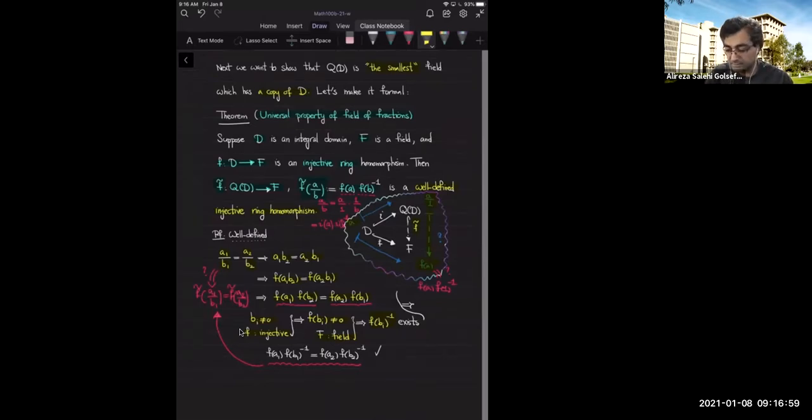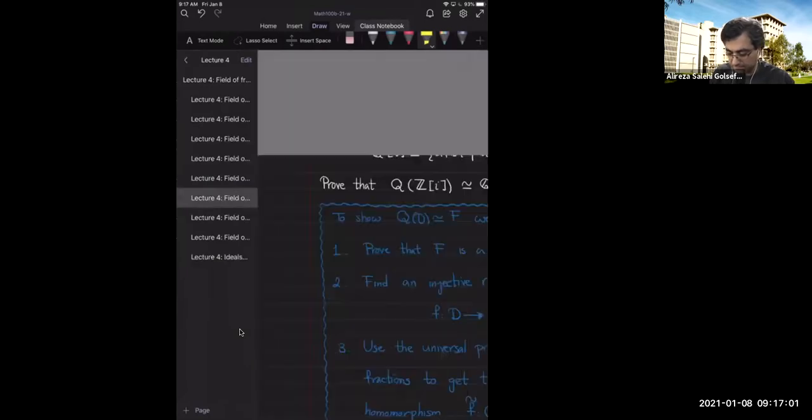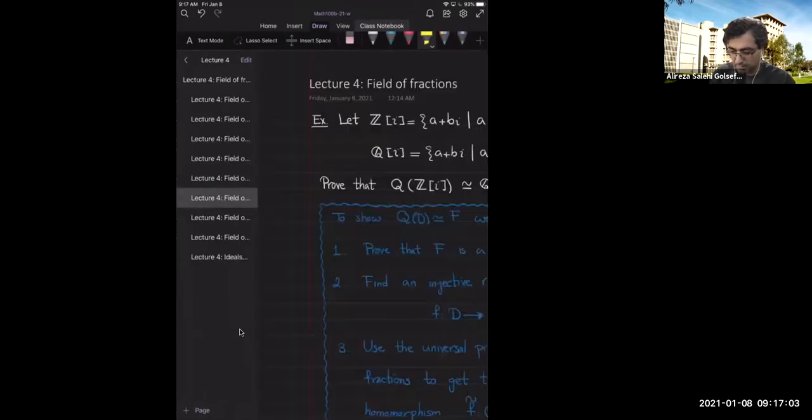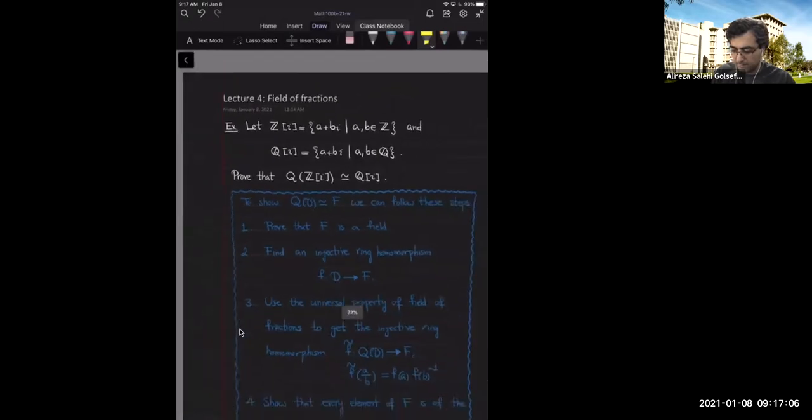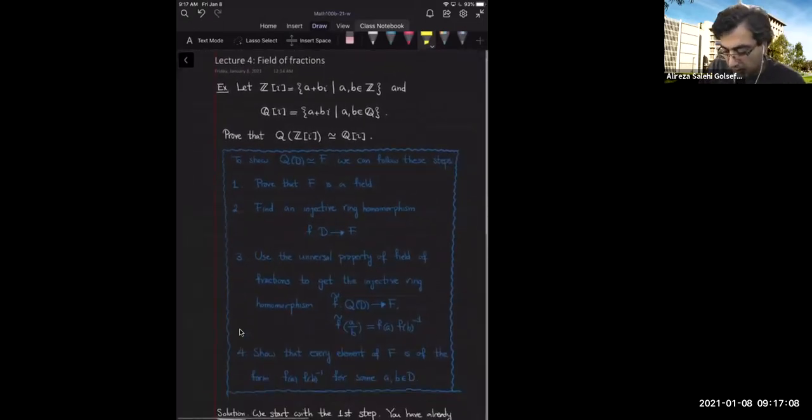How can we use the universal property of field of fractions? Okay, let's try to use that. Let's see an example. So let's look at the subring of complex numbers that's given by elements of the form a plus bi, where a and b are both integers, and another subring of complex numbers, Q bracket i, where the elements are of the form a plus bi, where a and b are both rational numbers.